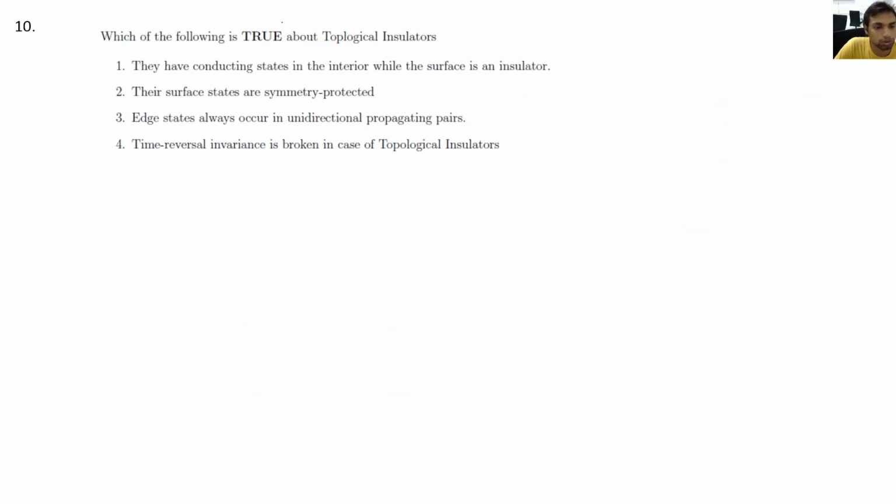Now let us go to this question. Which of the following is true about topological insulators? They are insulating in the bulk, and on the surface they will be conducting, and these surface states are symmetry protected. The edge states occur in oppositely propagating pairs.